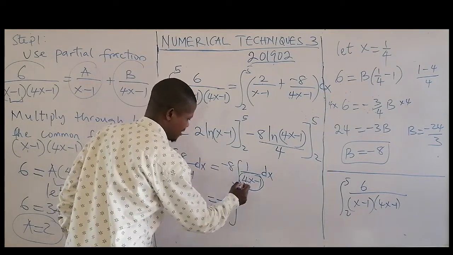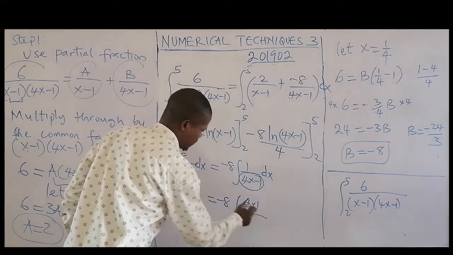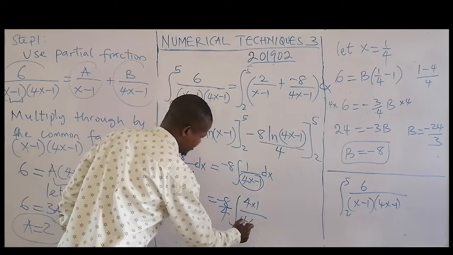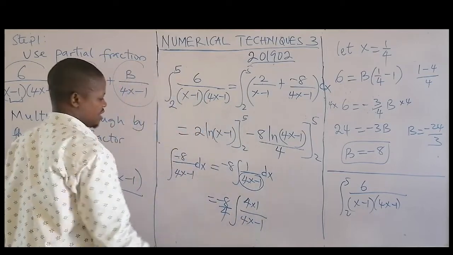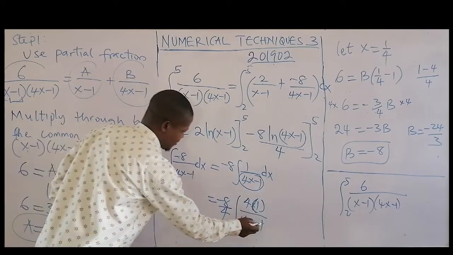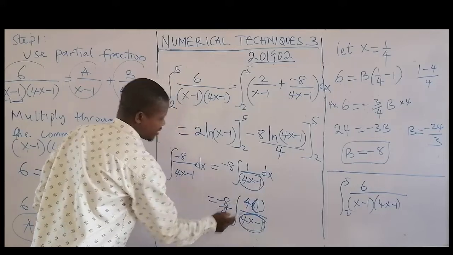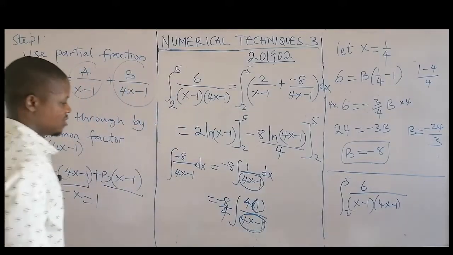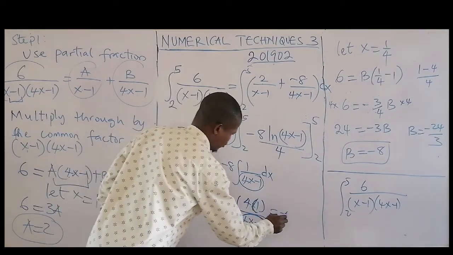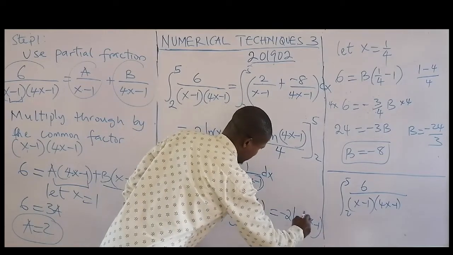So if I introduce 4 to the numerator, I will need to cancel it out outside. The moment I introduce 4 at the numerator, I'm now having the derivative of the denominator equal to the numerator. So I'm having minus 8 over 4, that's minus 2, ln of 4x minus 1.